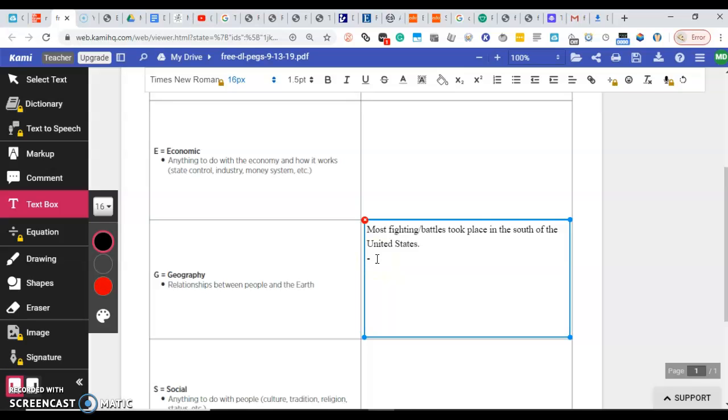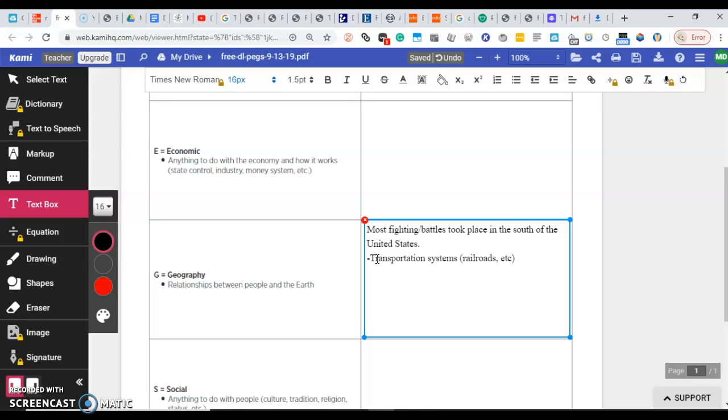Alright, so on this, I would write that transportation systems, okay, so we're thinking of like railroads, maybe even river transportation systems were destroyed.